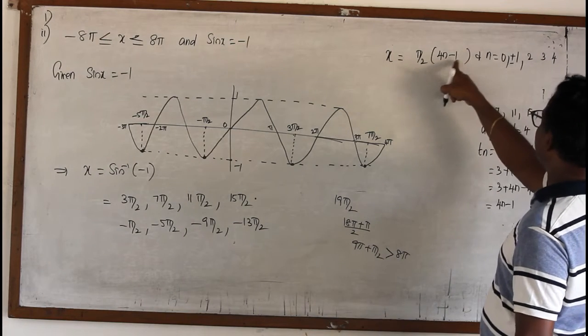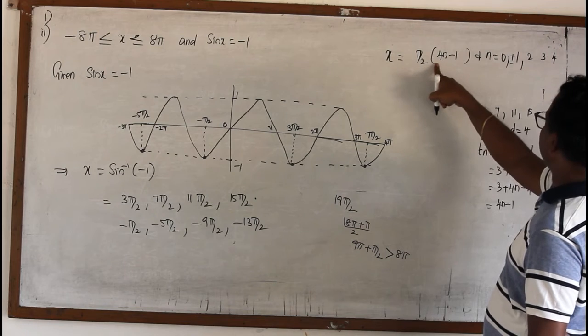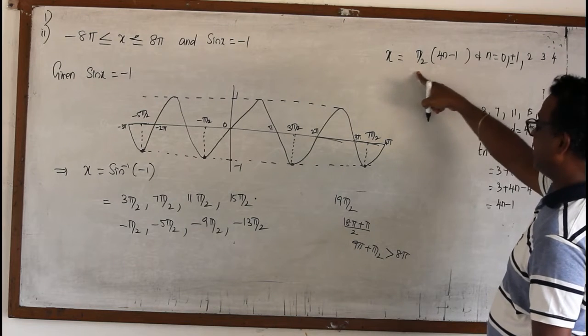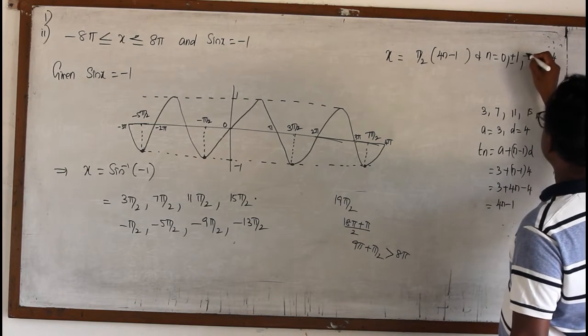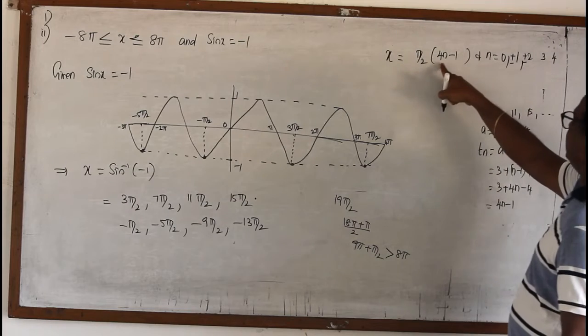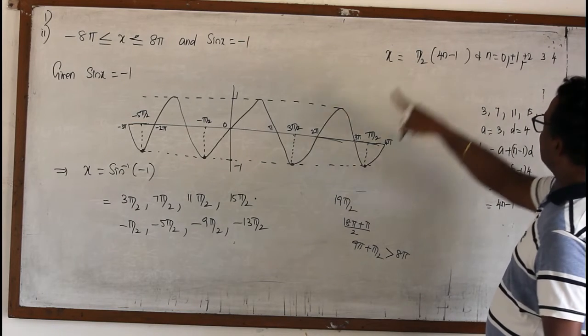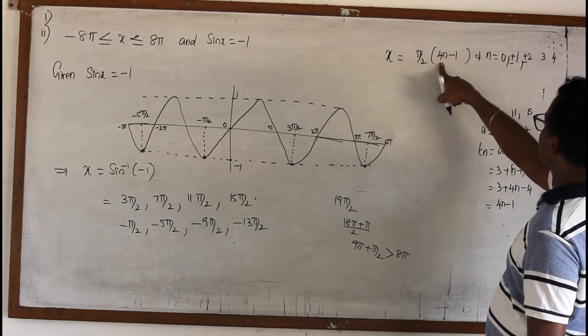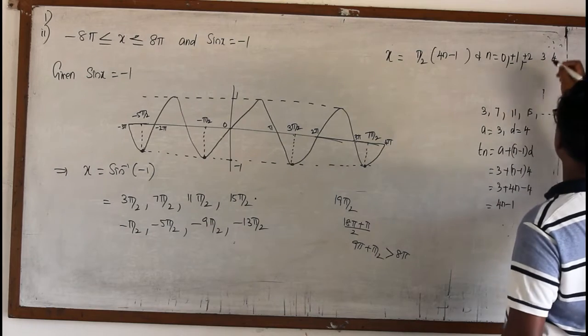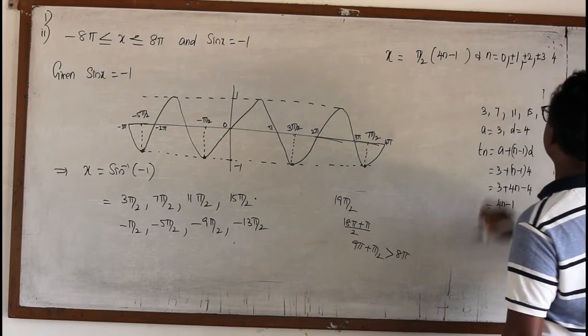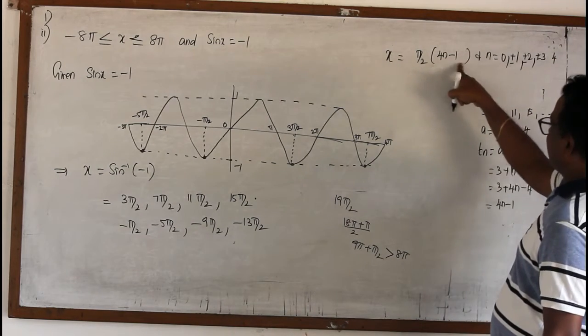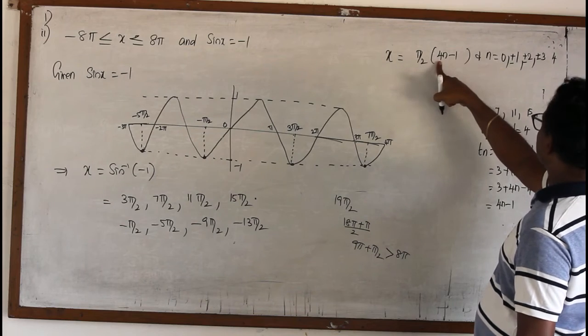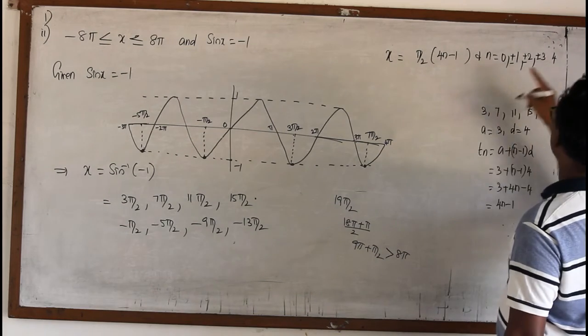See, 4 minus 1, 3 pi by 2, and minus pi by 2, both can be taken. Similarly, plus or minus 2, 8 minus 1, 7 pi by 2, and also minus 8 minus 1, minus 9 pi by 2. Plus or minus 3, 12 minus 1, 11 pi by 2, and minus 12 minus 1, minus 13 pi by 2.